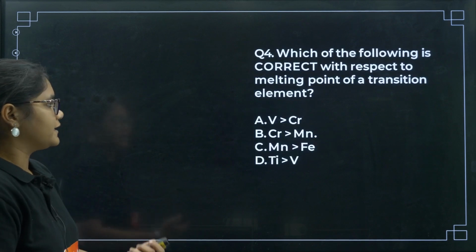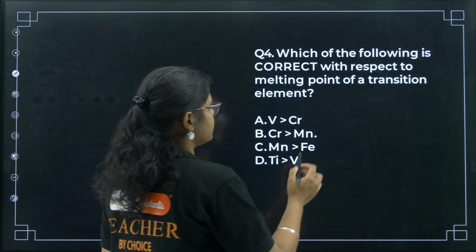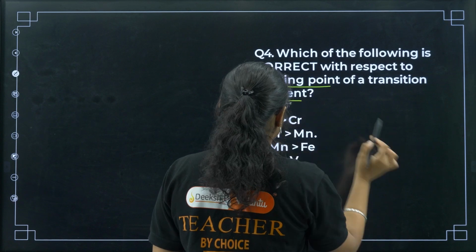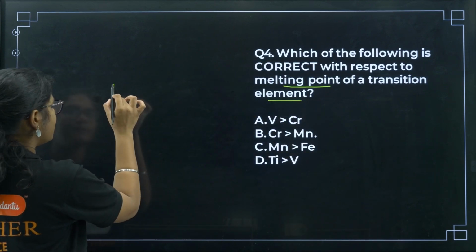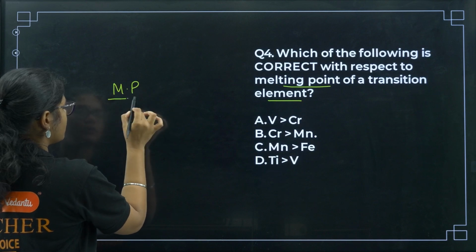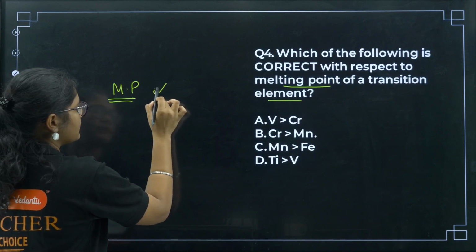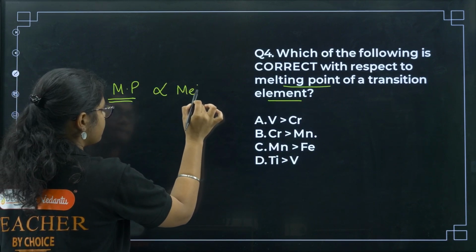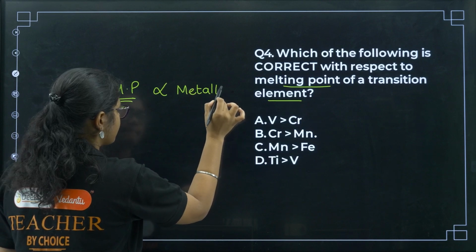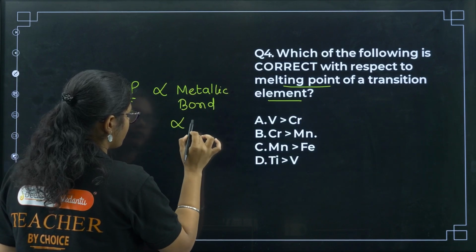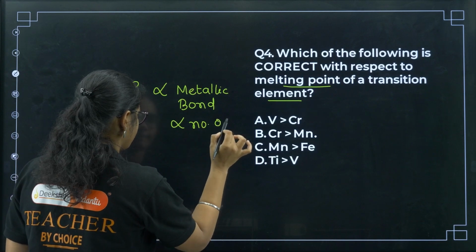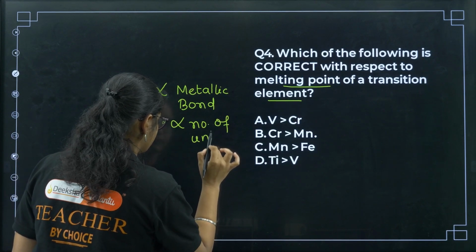Next, which of the following is correct with respect to the melting point of a transition element? If you remember, melting point depends on metallic bonding, and metallic bonding is dependent on the number of unpaired electrons.